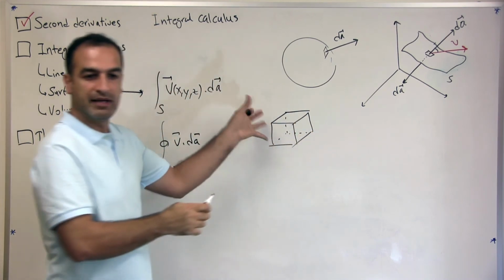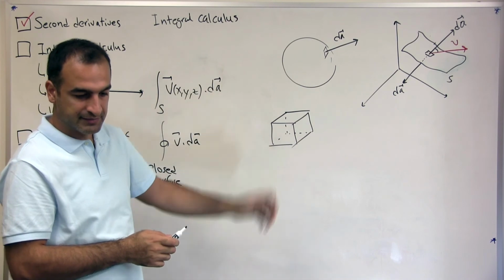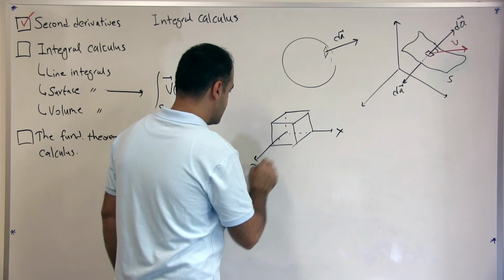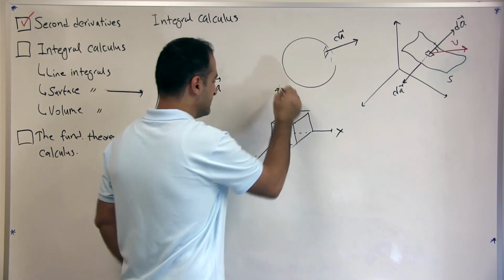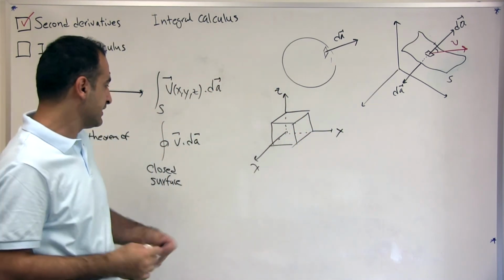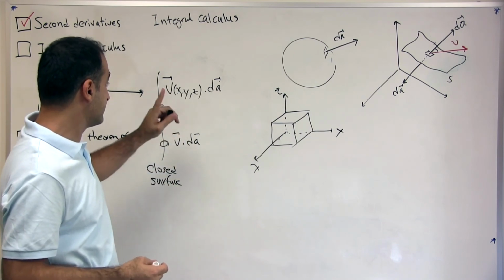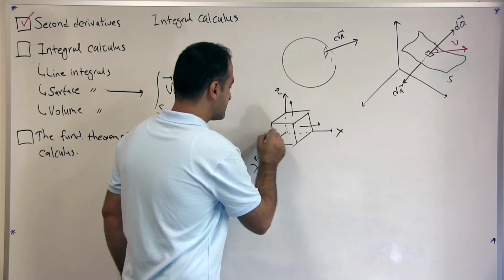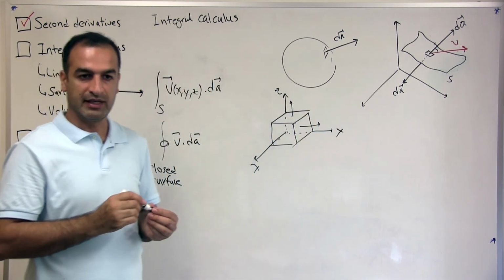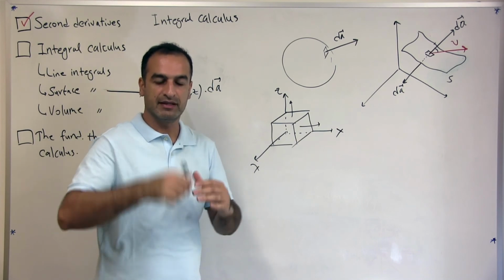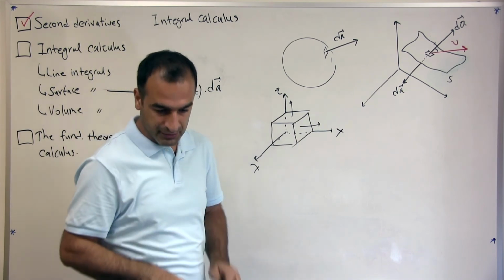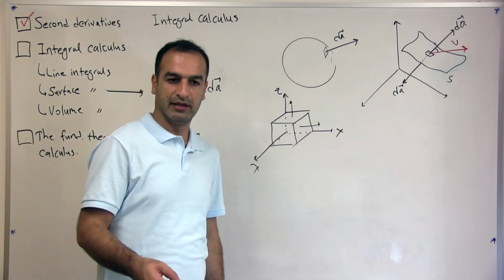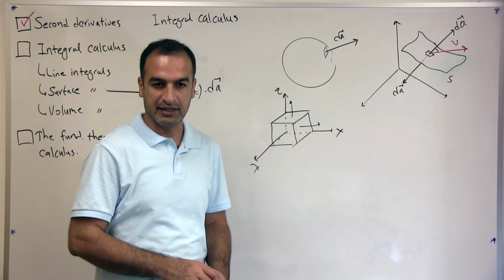The size and dimensions of the cube are defined, and it has components in X, Y and Z. Obviously, a cube is a three-dimensional object. The question gives you the vector field V, and then you calculate the flux going through each side of the cube. It's not difficult at all, but it has multiple steps. I want you to do it on your own, example 1.7, and then you get used to it. If you have questions, next time you can ask me.